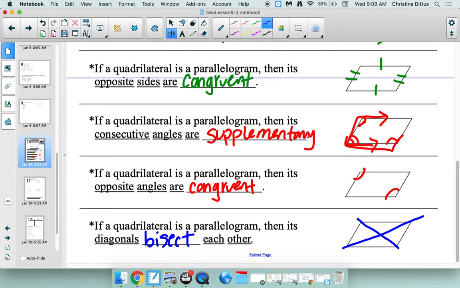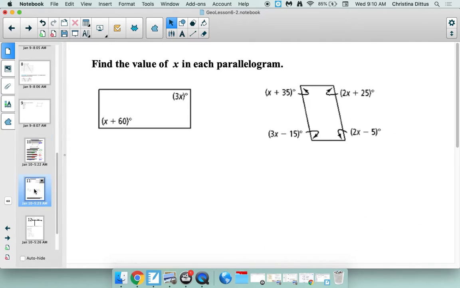Yeah, cut in half. So this half is the same as that half. So essentially, in a parallelogram, we just got a bunch of stuff that's the same. The only thing that's not the same are consecutive angles, and those add up to 180. So when in doubt, we're just going to set a bunch of stuff equal.